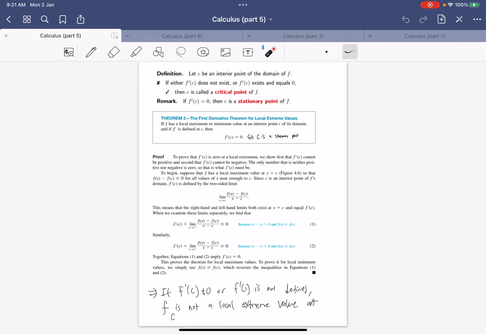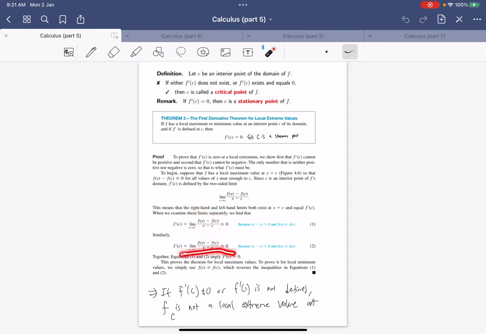Say you are a local maximum at the point c. So f(x) minus f(c) is always less than or equal to 0 for all values near c. Then the limit from the right is also less than or equal to 0, because x minus c is positive and f(x) minus f(c) is negative.